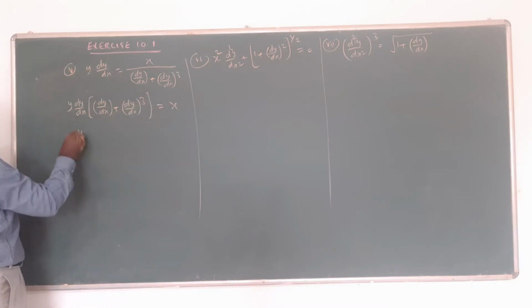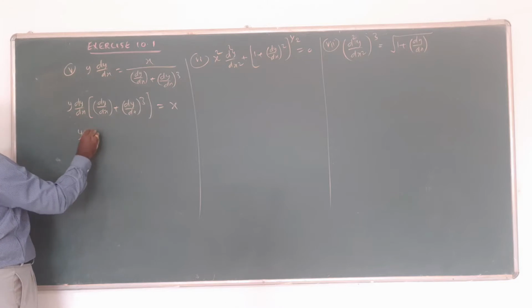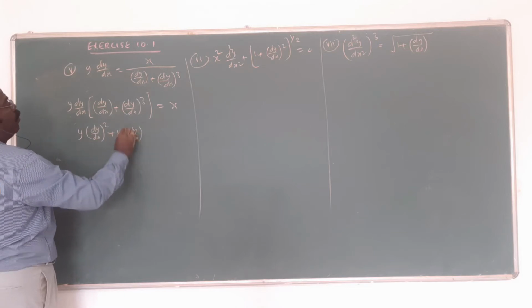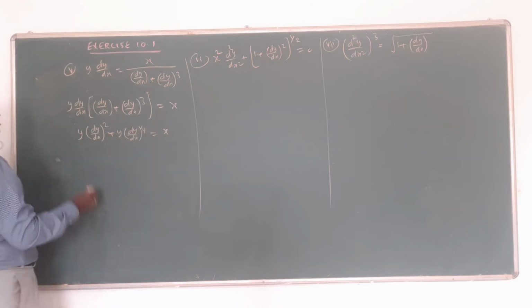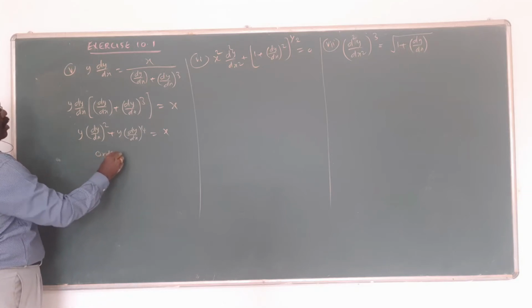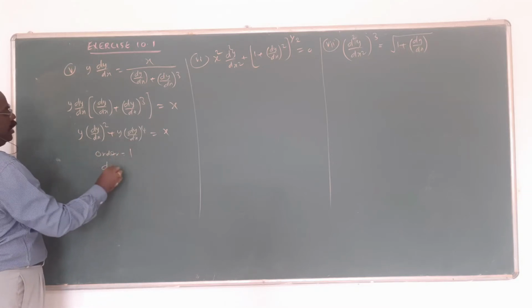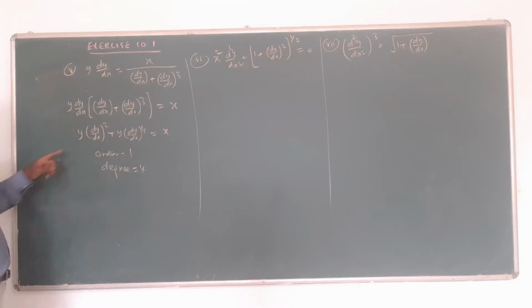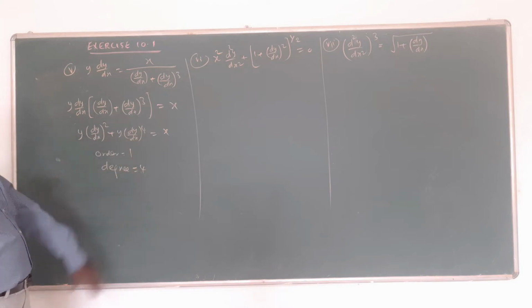Now multiply: y into dy by dx whole square, here y into dy by dx whole power 4. Now the degree: the order is first order only. The degree is what? The whole power 4 is the maximum, 4 is the highest.